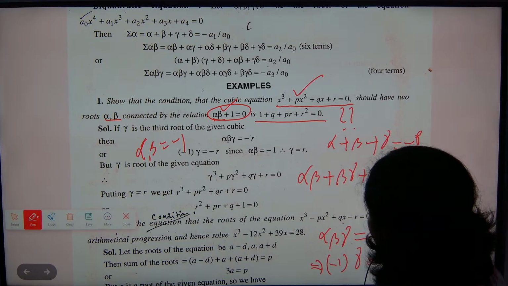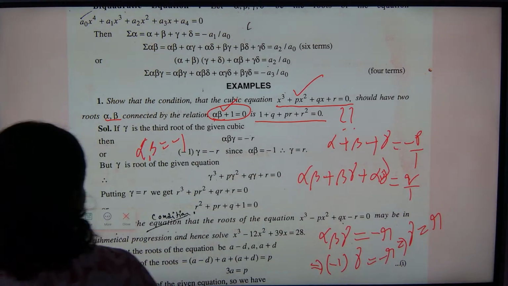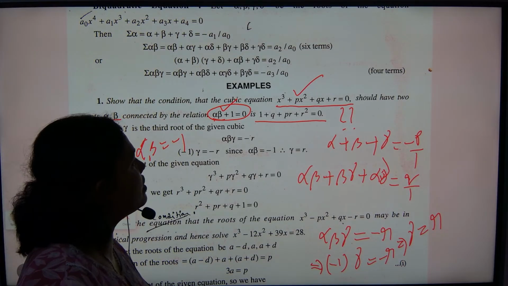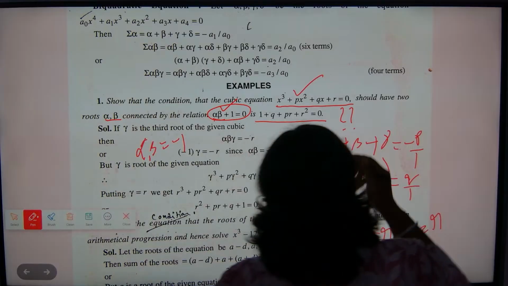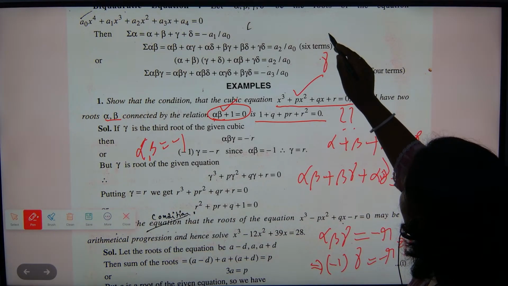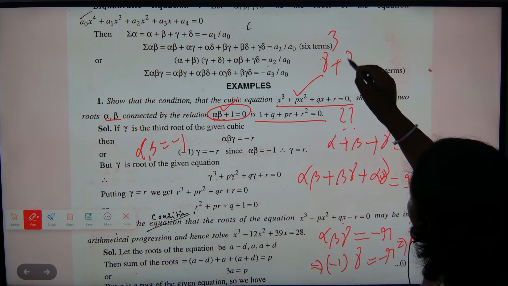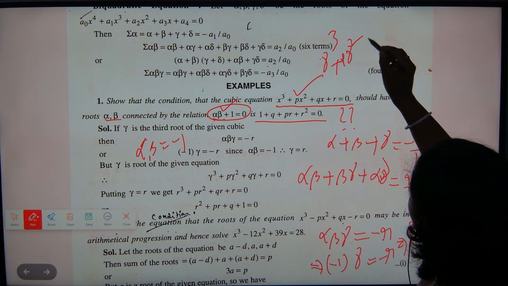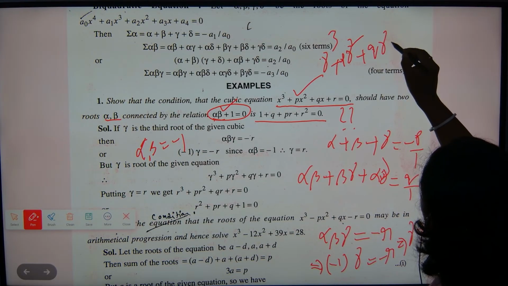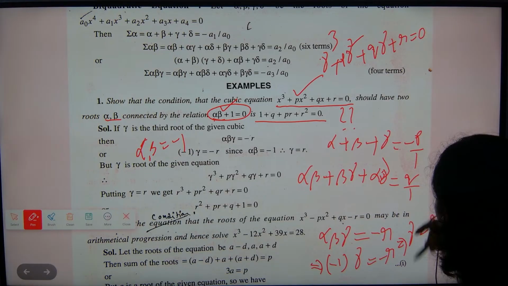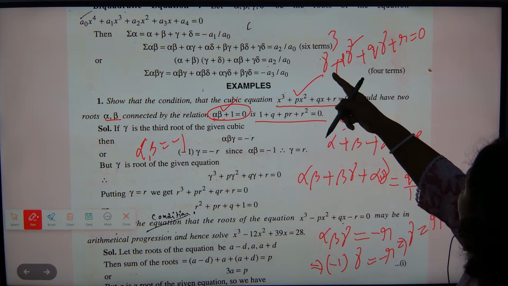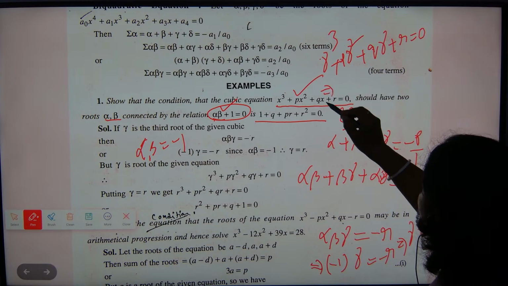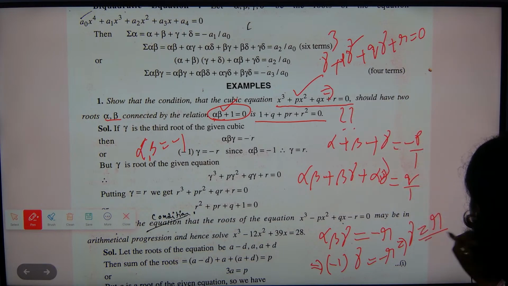Now what we know, gamma is the solution of this equation. Then we can write gamma cube plus p gamma square plus q gamma plus r equals 0. We have the gamma value as r, that's why I have done this. So just put gamma as r.